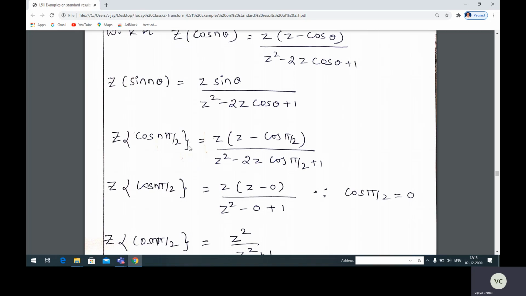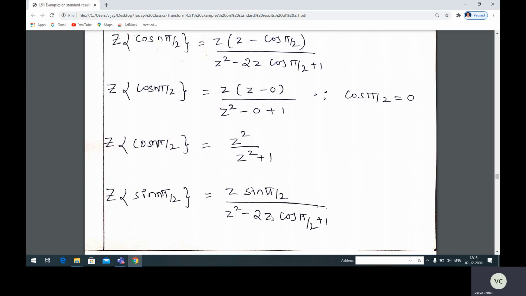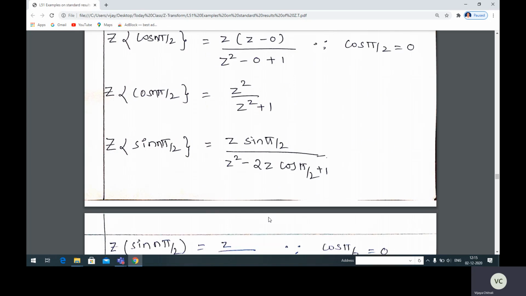So z transform of cos n pi by 2 is z into z minus cos pi by 2 divided by z square minus 2z cos pi by 2 plus 1. Cos pi by 2 is 0, so we get z into z minus 0 divided by z square minus 0 plus 1. So z transform of cos n pi by 2 is z square divided by z square plus 1.